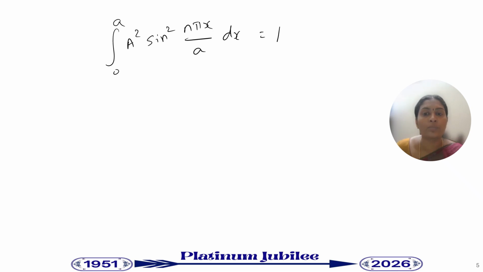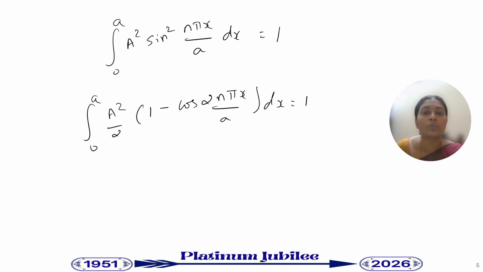It is not possible to integrate sine square n pi x by a directly. So this can be written as integral 0 to a of A square by 2, 1 minus cos 2 n pi x by a into dx is equal to 1.